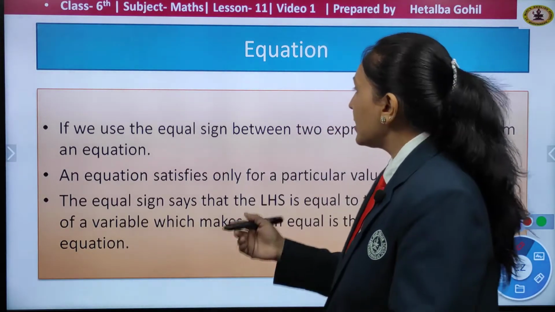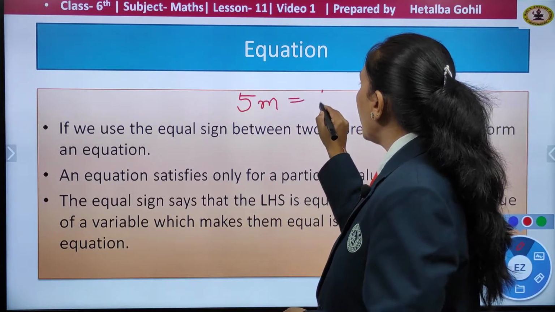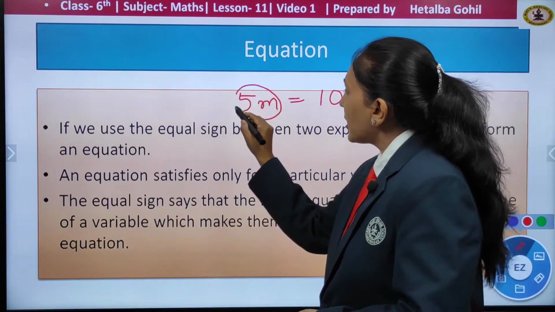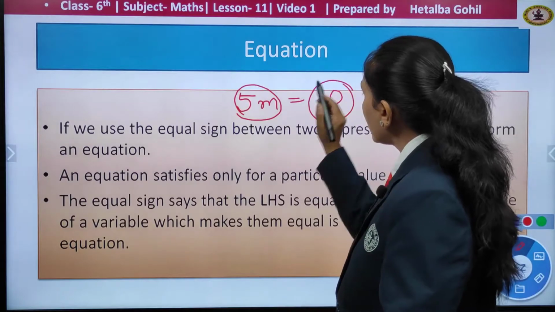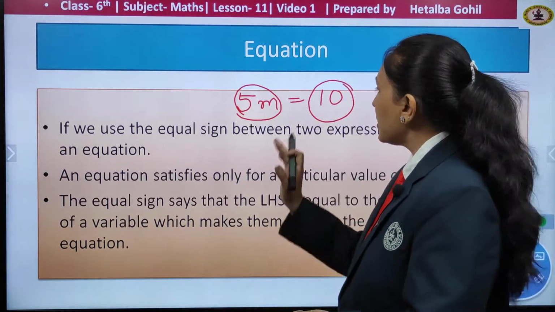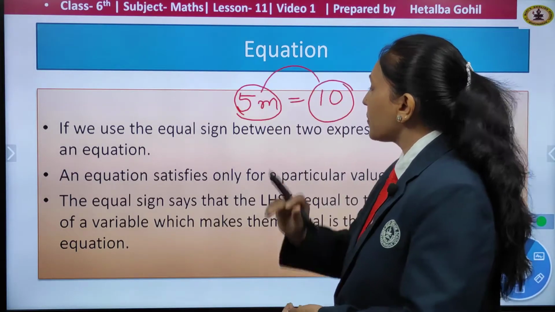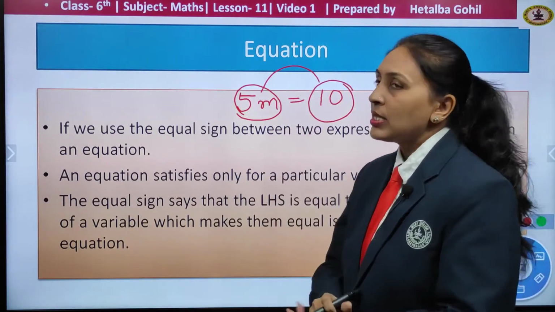For example, 5m equal to 10. Children, this is an expression with a variable and this is a numerical expression. When we combine both of them with an equality sign, telling that these two expressions are equal to one another, an equation is formed.